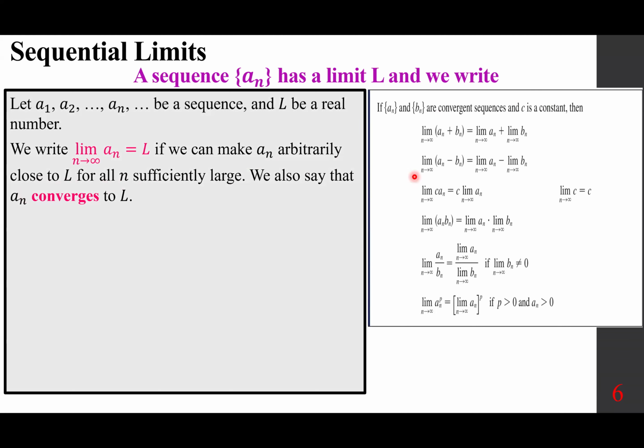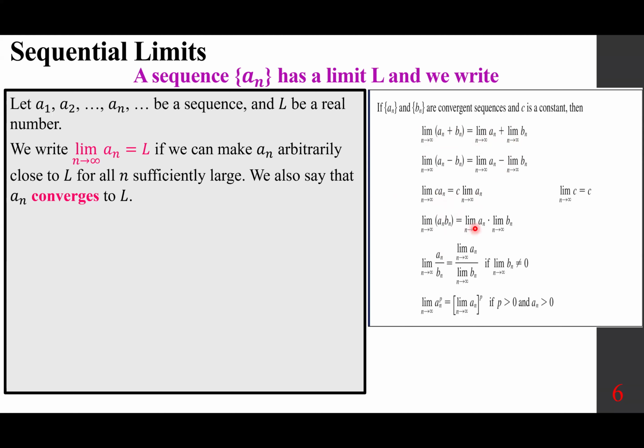Now, these are limit laws. If A sub n and B sub n are convergent sequences and C some number is a constant, then the limit of the sum is the sum of the limits. Limit of a sub n plus b sub n as n approaches infinity is limit of a sub n as n approaches infinity plus limit of b sub n as n approaches infinity. Then the difference is the difference of limits. If you have a constant you multiplied, you can take it out.